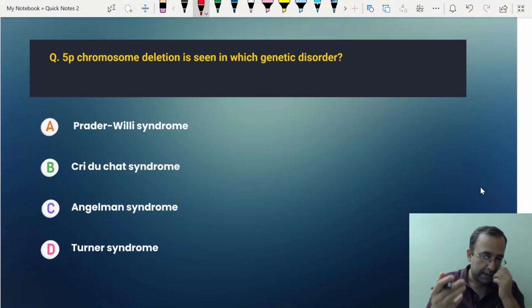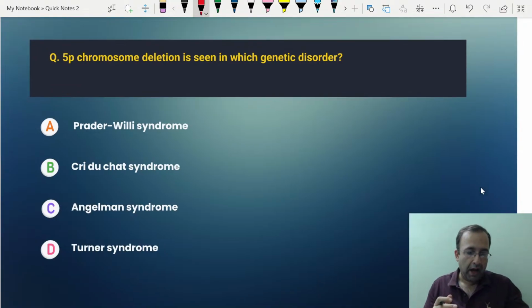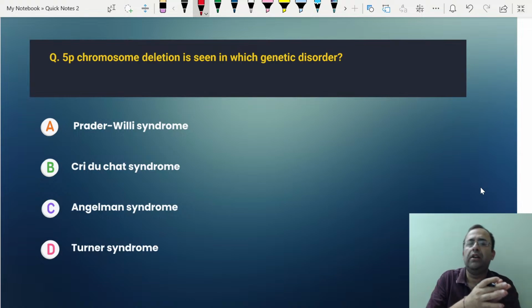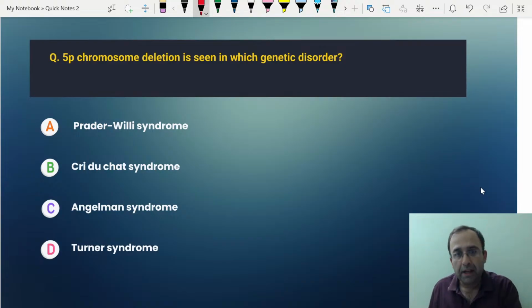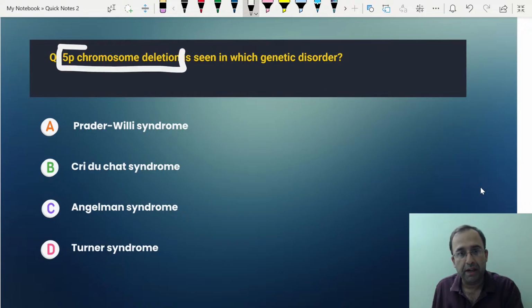Next question. There was a slightly longer question. I do not have the exact language of this question with me, but it was a slightly longer question in which a history of a child with palpebral fissures and upward slanting of the head was given. Main point in the question was it was associated with chromosome 5p deletion.